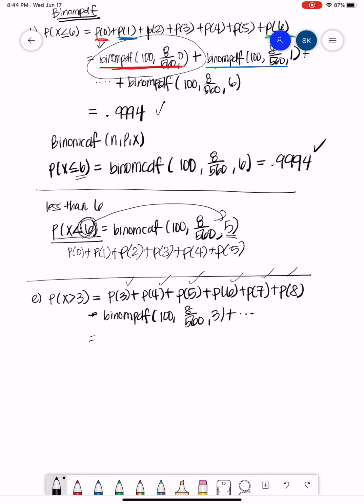Sorry guys, because I am talking about more than 3, that means I do not want to include 3. That means 4, 5, 6, 7, 8. My apology, just cut that right now. I should not have this one, but start with 4. So this also should be 4. When we say greater than 3, that means 4, 5, 6, 7, 8.